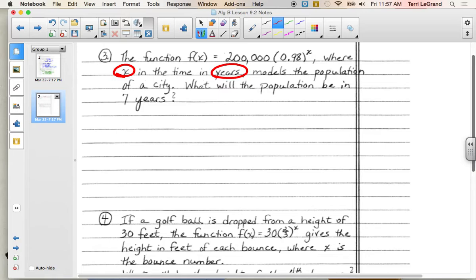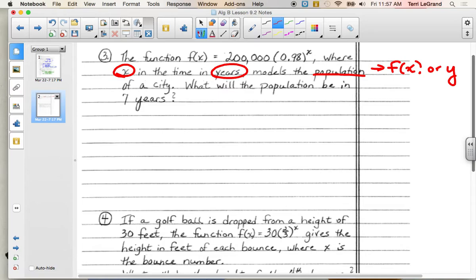Well, then the population is going to be what variable? It's really our f of x, also known as our y. I'm not going to say equals y, I'm going to say or y. F of x or y. So we can find the population by taking 200,000 times 0.98 raised to the number of years.